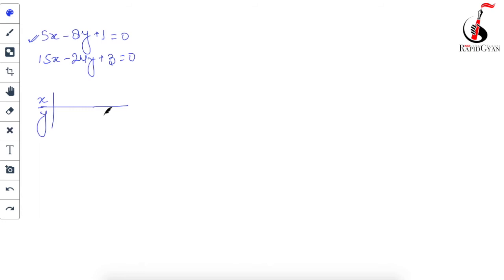We will have to solve it in such a way that we will be able to get our answers easily. So see, 5x minus 8y plus 1 is equal to 0. So what I'm going to do, I will write it like this. 5x is equal to 8y plus 1, correct?